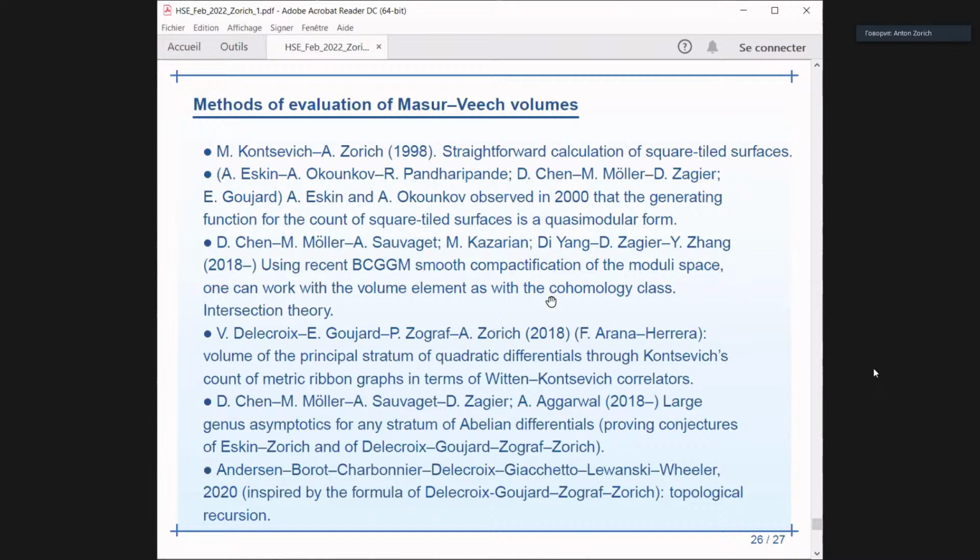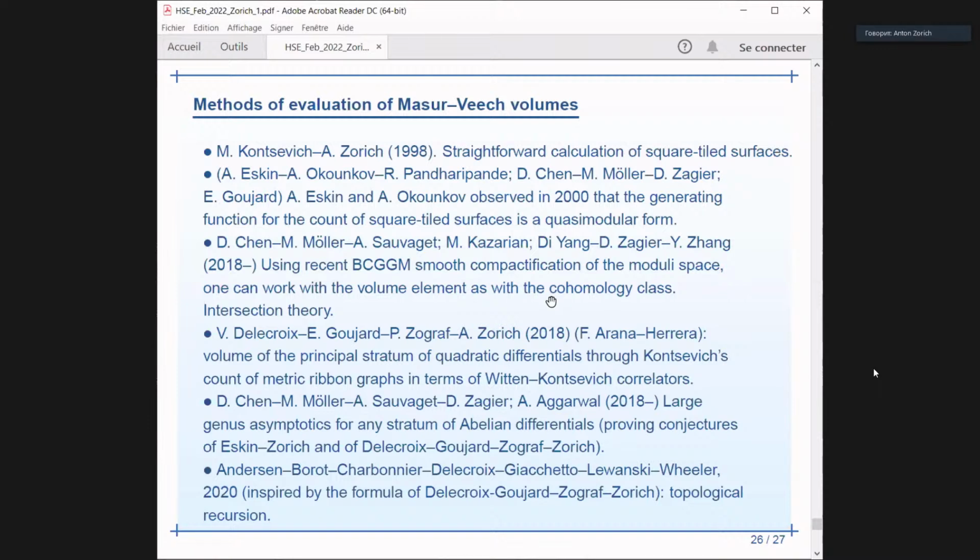There is an alternative formula through intersection theory due to Chen, Müller, Sauvaget, but for example, large genus asymptotics for individual strata, this is still conjectural. So the story is not over for quadratic differentials.